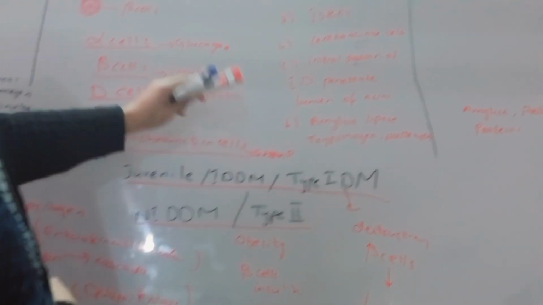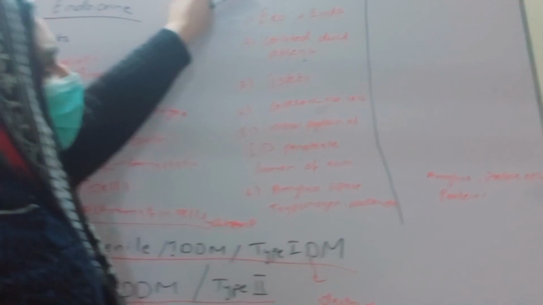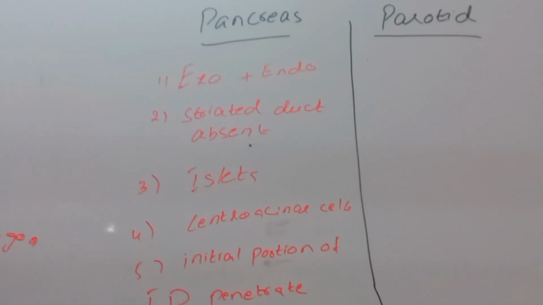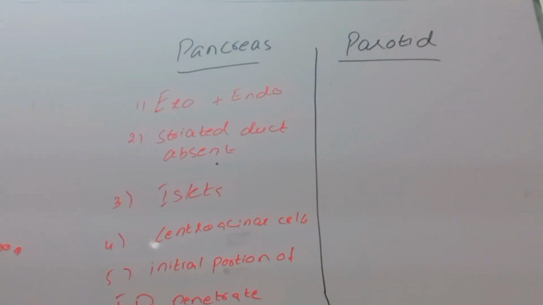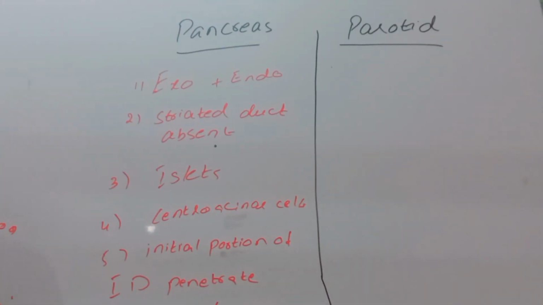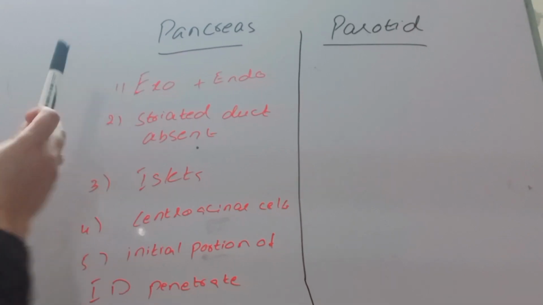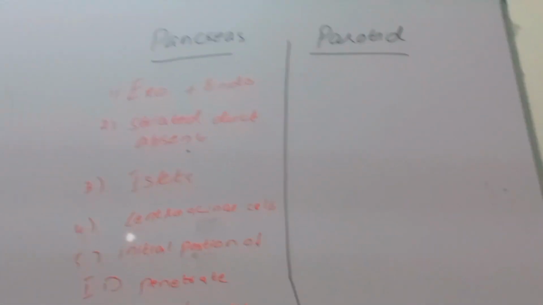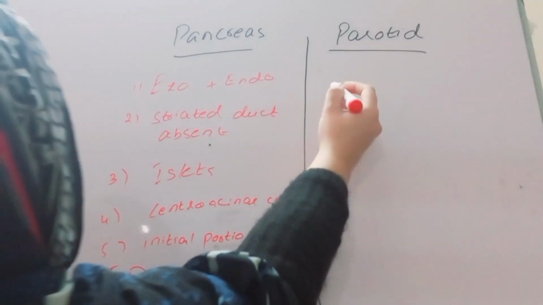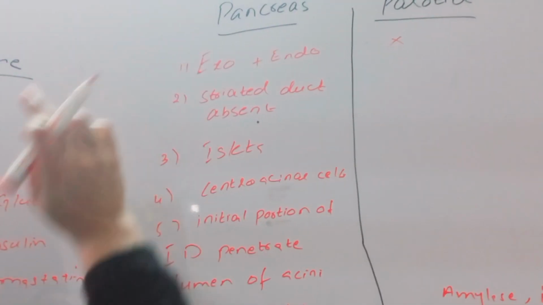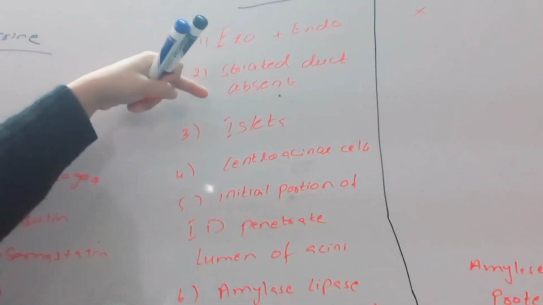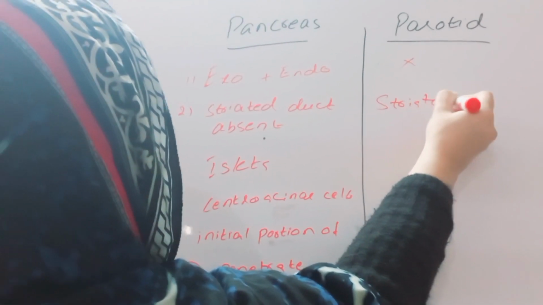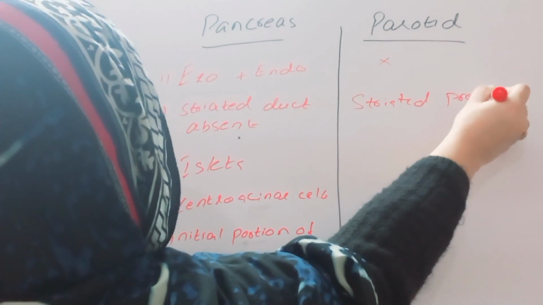Then we will discuss some differences between the pancreas and the parotid gland. As I told you in my last lecture about some features of the parotid gland, now we will discuss some differences. First difference: the pancreas has both exocrine and endocrine portions, but this is not the case in the parotid gland. In the pancreas, the striated ducts are absent, but striated ducts are present in the parotid gland.